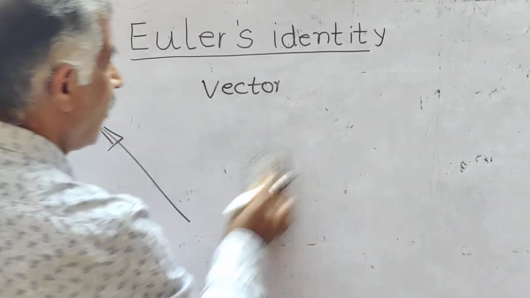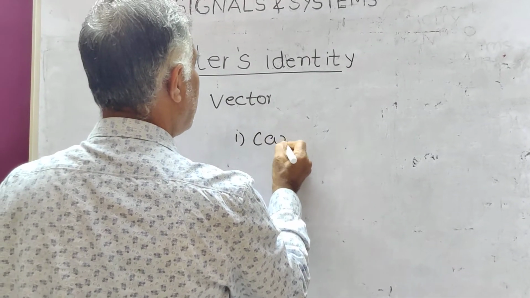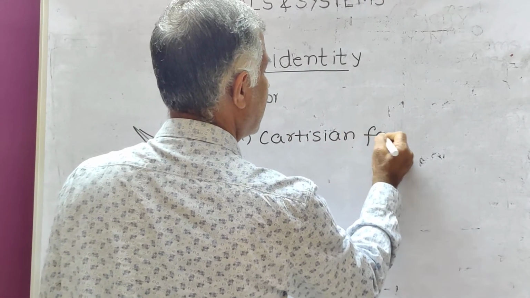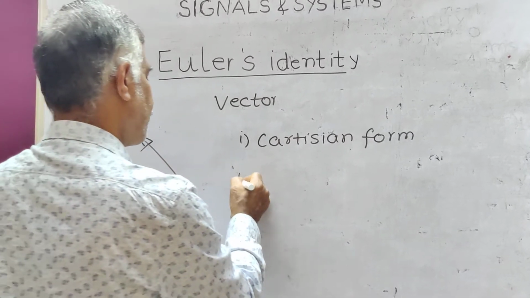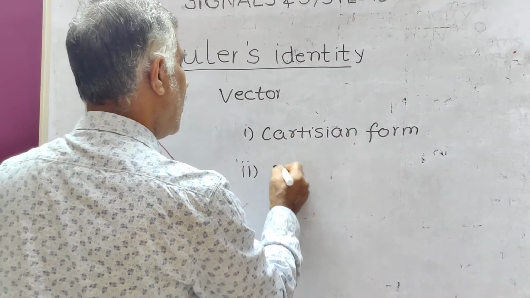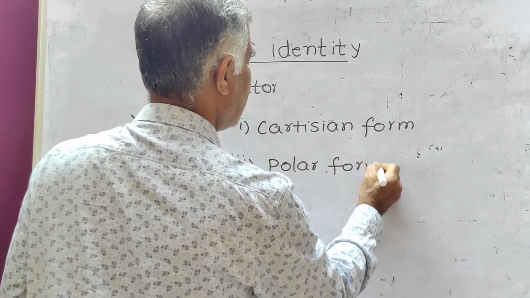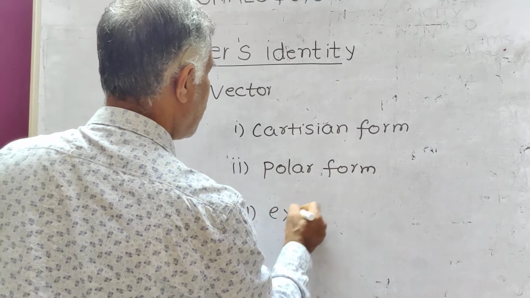Now, these vectors can be represented on a two-dimensional plane in three forms. Number one is what is known as Cartesian form. Number two, polar form. And lastly, what is known as exponential form.